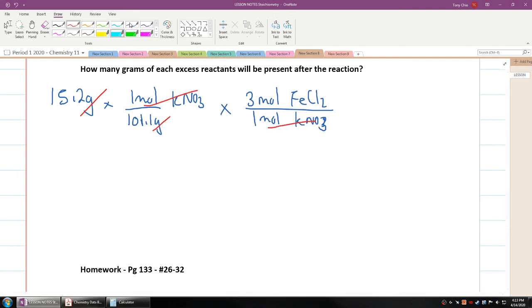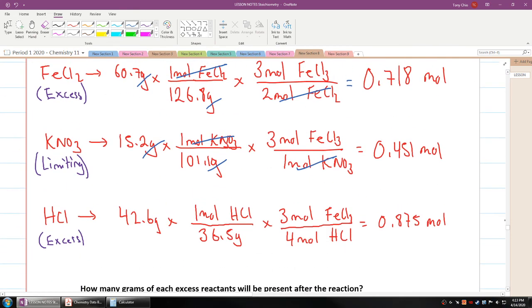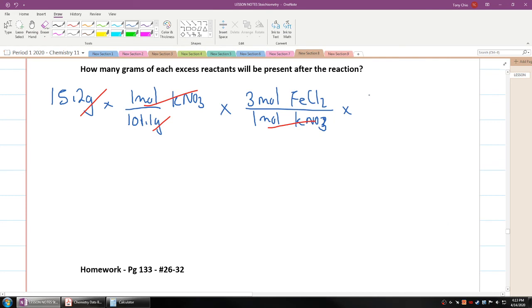Your last step is now to convert to the mass of FeCl2, which we found earlier was 126.8 grams over 1 mole of FeCl2. Okay, what is your mass that's going to form? Who knows? We'll figure that out in a bit.